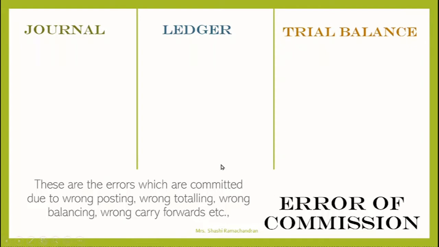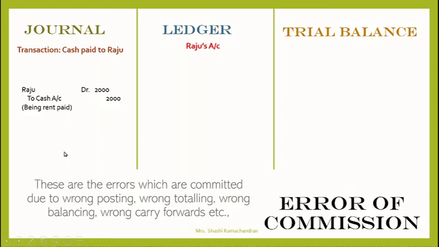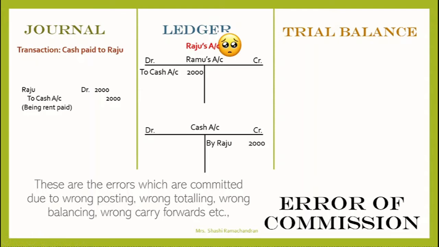Now there is a journal entry, cash paid to Raju, and the recording has taken place correctly: Raju debit, cash account credit. It has to be posted into Raju's account, but what happened? Instead of Raju, it is posted in Ramu's account, and the cash is posted correctly. So the mistake is here. Let's see the effect on the trial balance.